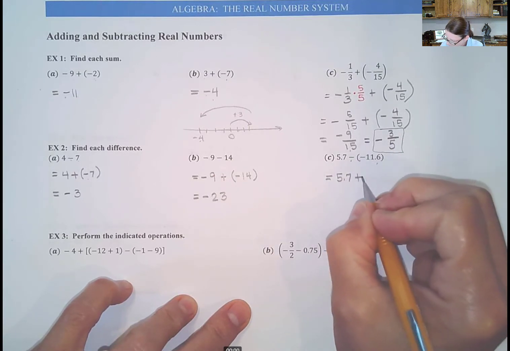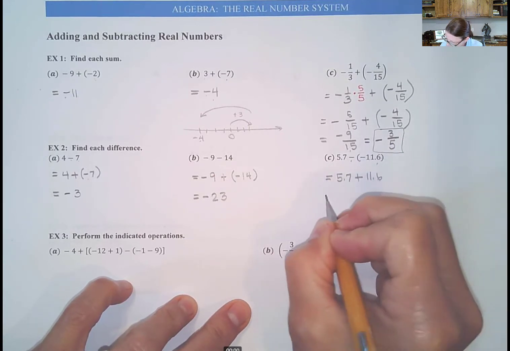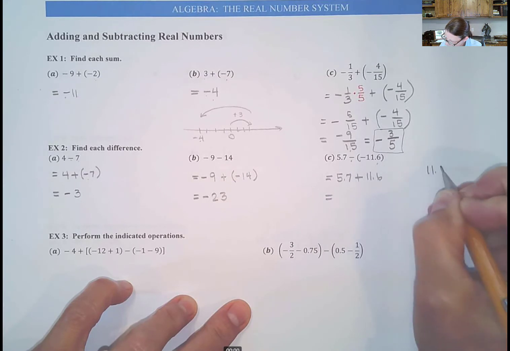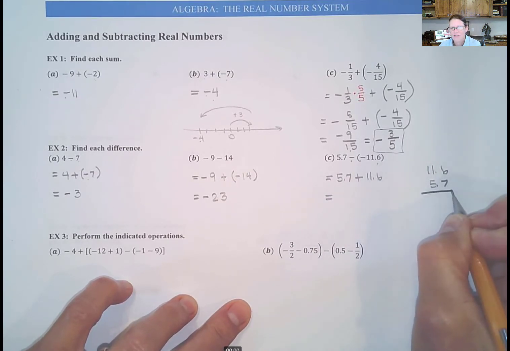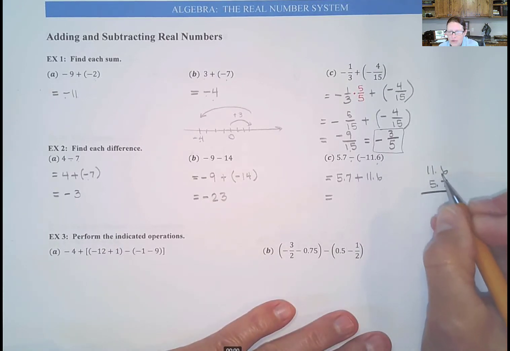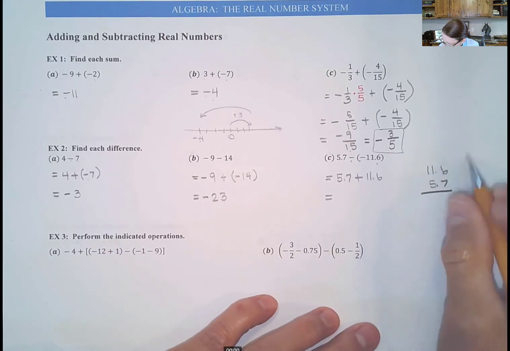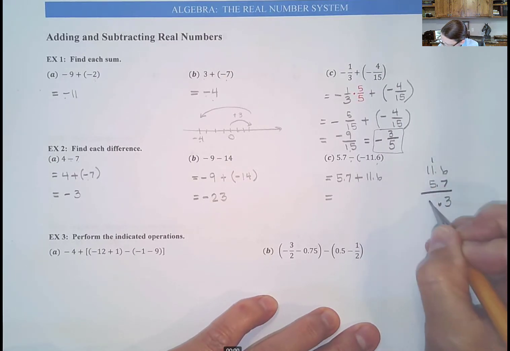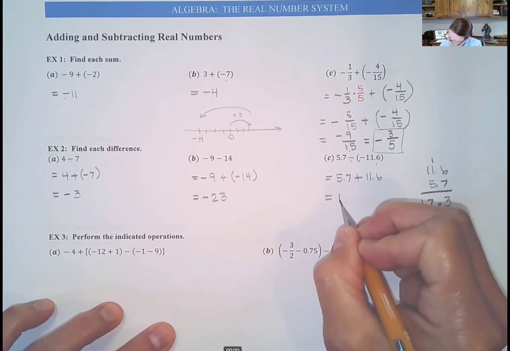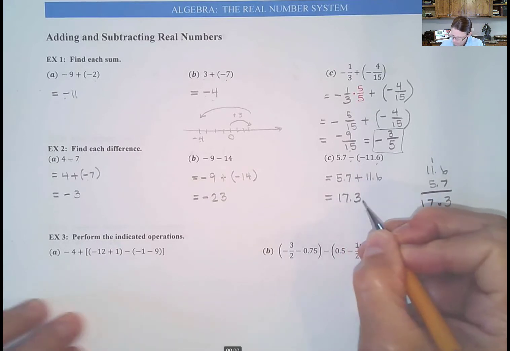And the opposite of -11.6 is +11.6. Now you may use your basic calculator to add those. If you're doing it by hand, be sure to line your decimals, okay? 7 and 6 is 13. And the result there is 17.3.